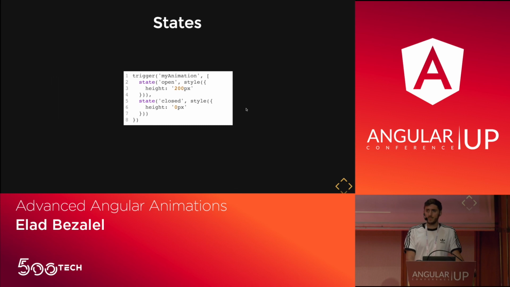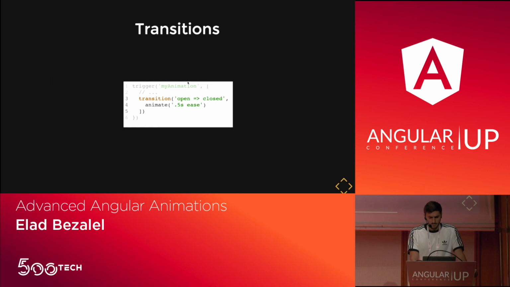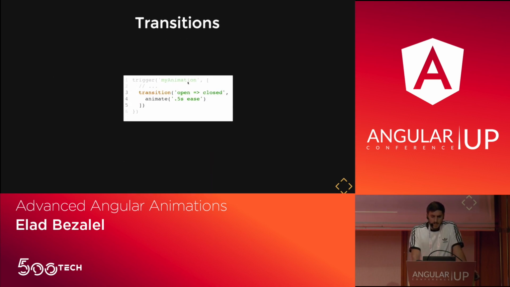I have some state for the trigger, so that means I can declare many states, let's say open, closed, and then I can set the styles for these states. And then we have the transitions between those two states. I declare open, when I go from open to closed, animate for 500 milliseconds. This is it. It's really simple.